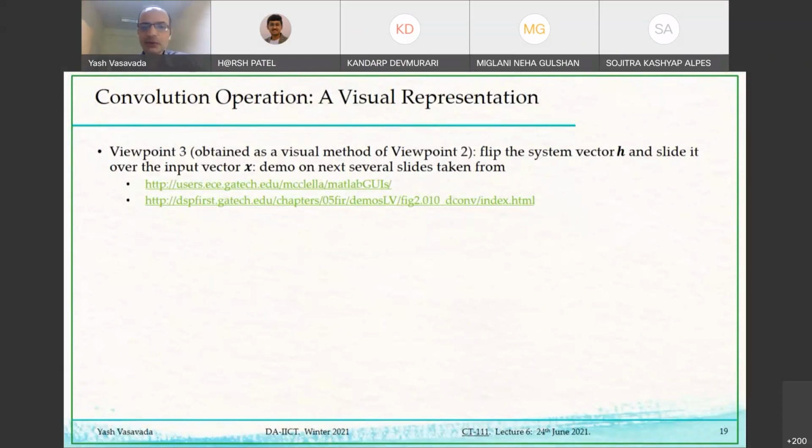Basically, this is that viewpoint where we flip the system impulse response h and slide it over the input vector x, which is frozen at a location along the k-axis. And you can see this demo at this Georgia Tech website. Here I have just taken the main pictures.